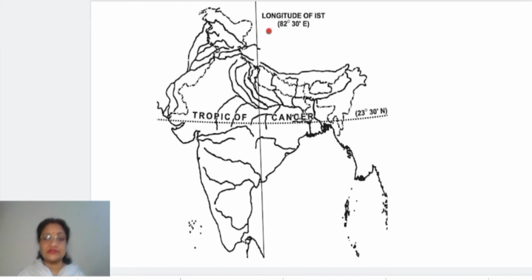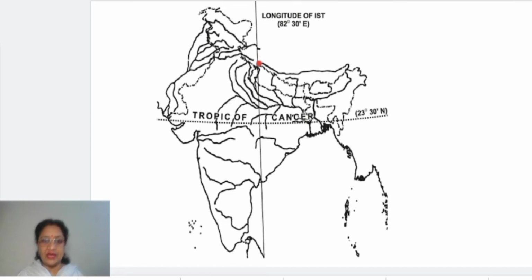On the basis of this Standard Meridian only, we are following the Indian Standard Time all over India. The local time of the Indian Standard Meridian is followed everywhere in India, and that is called Indian Standard Time. Now let's see from where it starts.